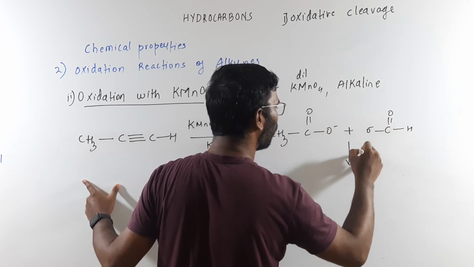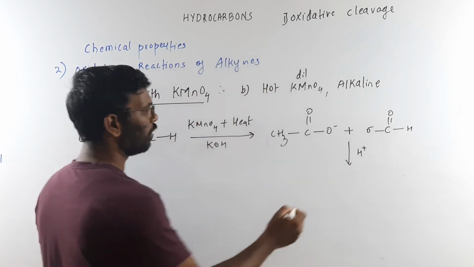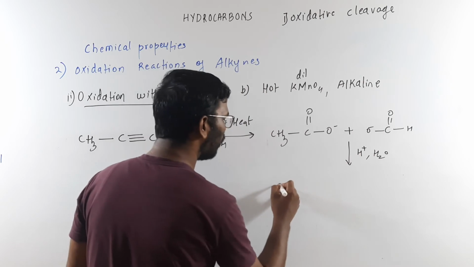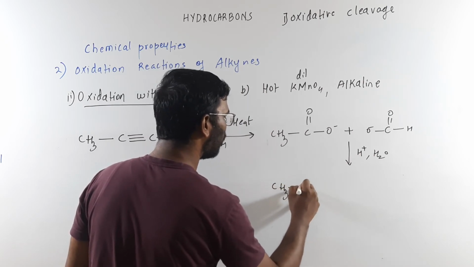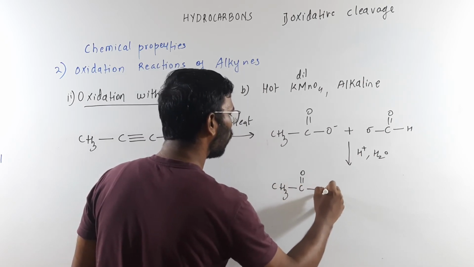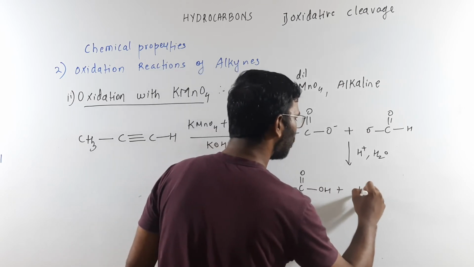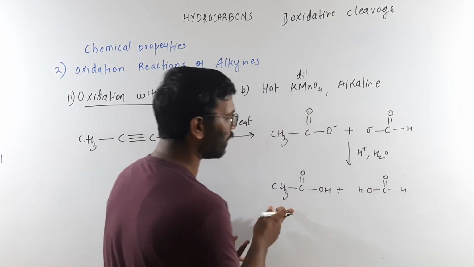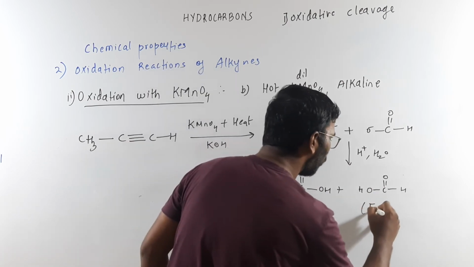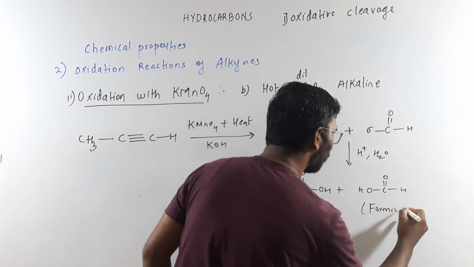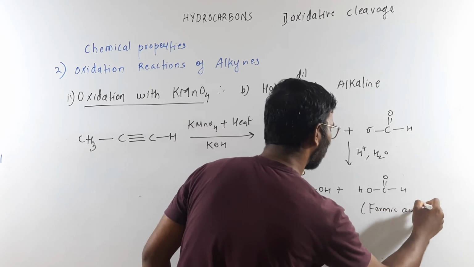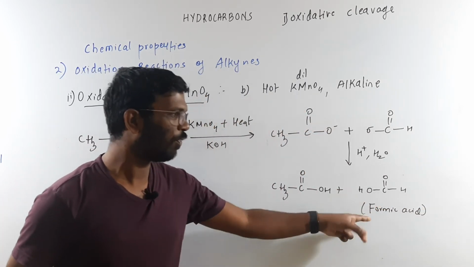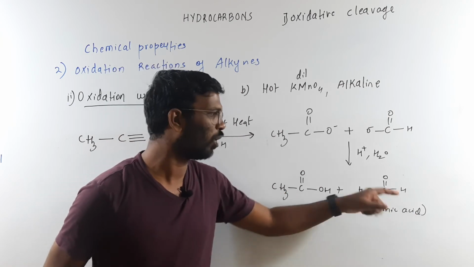In the presence of acid, we will be getting CH3, C double bond O, OH, plus H, C double bond O, OH. Getting acetic acid is fine, but we are also getting formic acid. Formic acid is unstable and will break apart and give carbon dioxide.